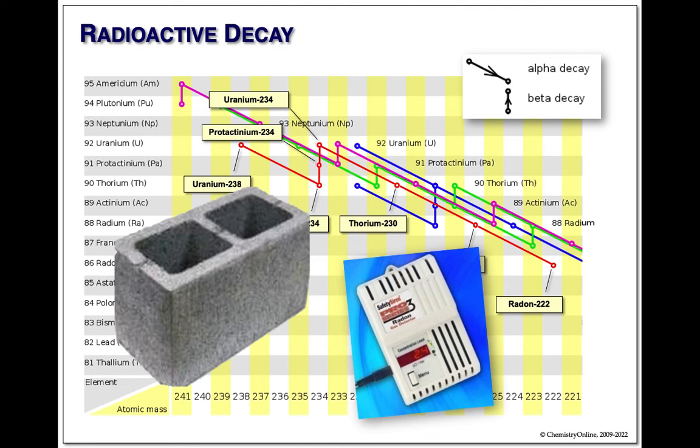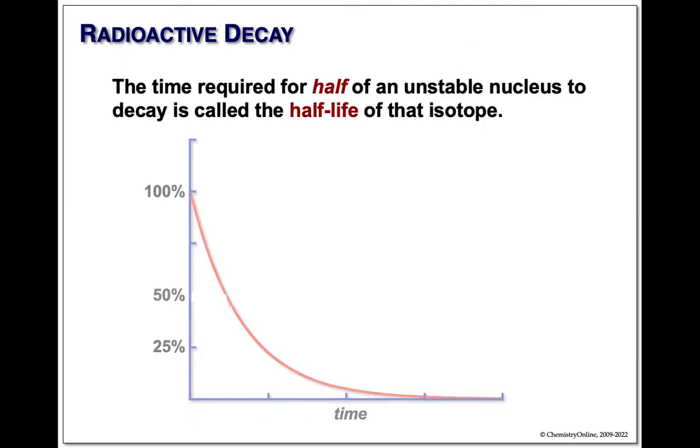All right. We've seen the decay here, right? How long does this take? We measure radioactive decay using something called a half-life. The concept is pretty simple. If we start off with 100% pure uranium, uranium will change first to thorium.